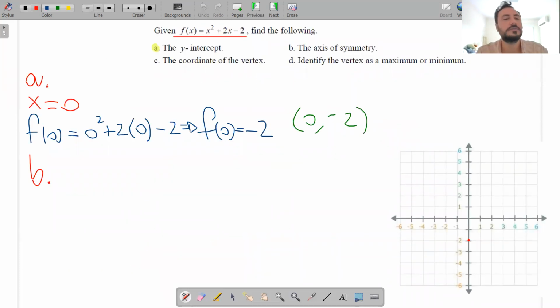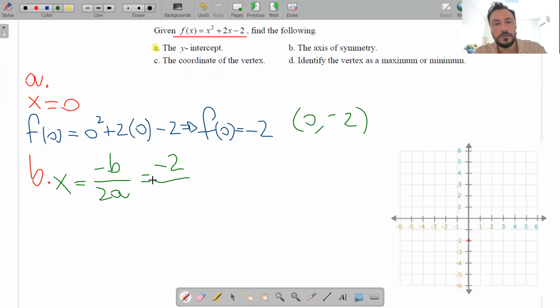To find my axis of symmetry, I need to apply the formula minus b over 2a. In this case, b is equal to 2. So negative b will be just -2 over 2, sorry. So my final answer will be that the axis of symmetry is at x equals -1. So it will be here.